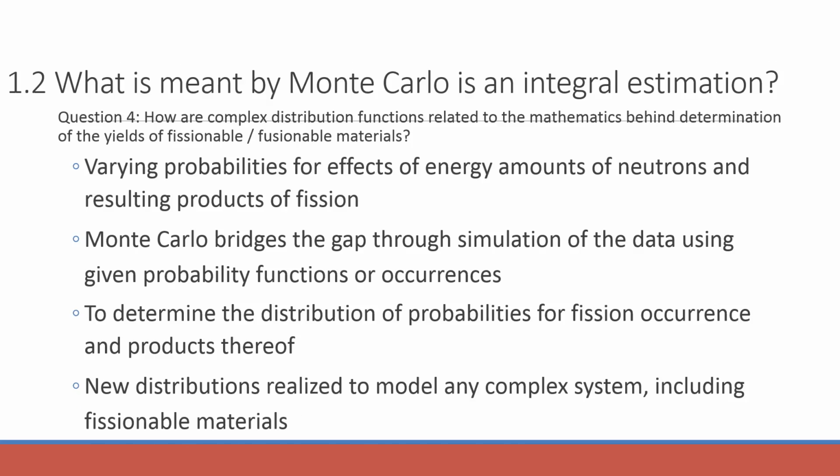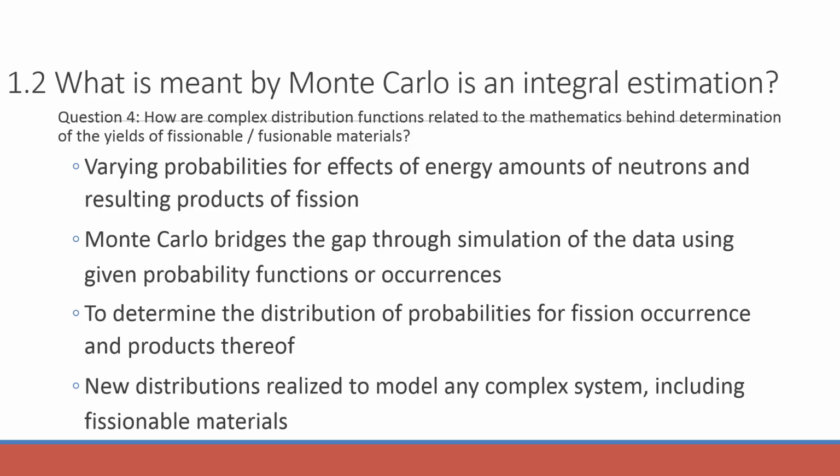So then, how are complex distribution functions related to the mathematics behind the determination of yields of fissionable and fusionable materials? Well, we know that they have varying probabilities based off of the energy amounts of neutrons, as well as what will happen to the atom after fission occurs.